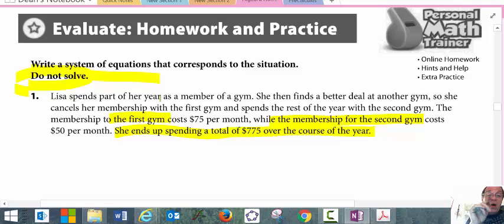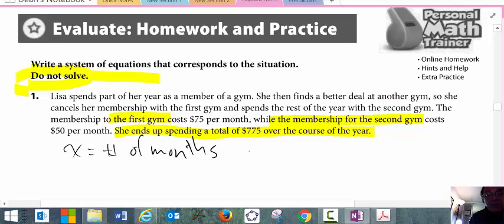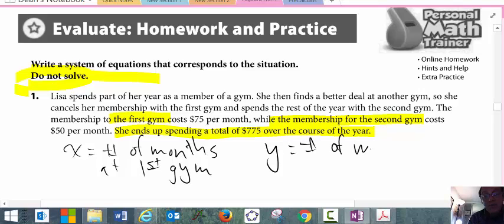So we're going to use X and Y just to represent the number of months. X is the number of months at the first gym and Y is going to be the number of months at the second gym.